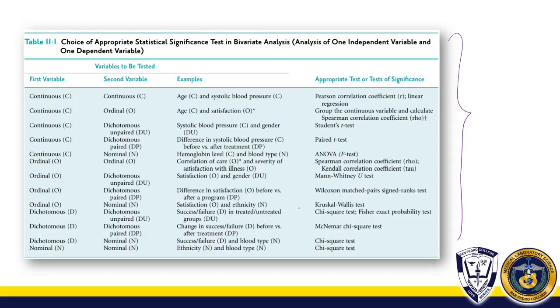Here is another table to read for you to understand better each of your different types of hypothesis testing, for example your variables as to what measurement scale or type of variable it is, whether it is ordinal, continuous, and so on. So we leave this one for you to read.